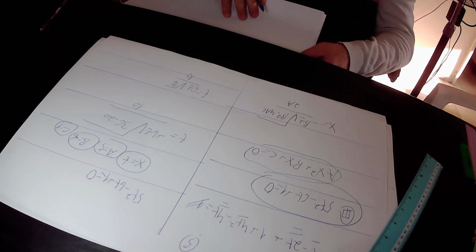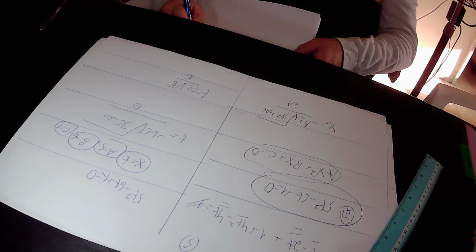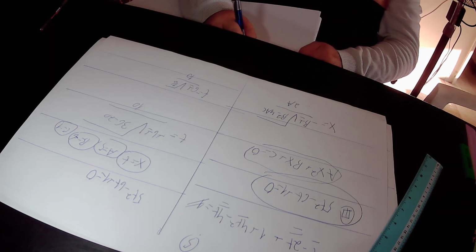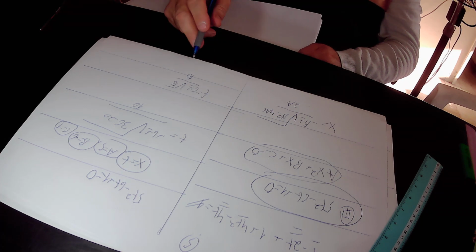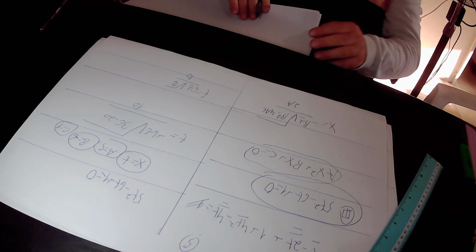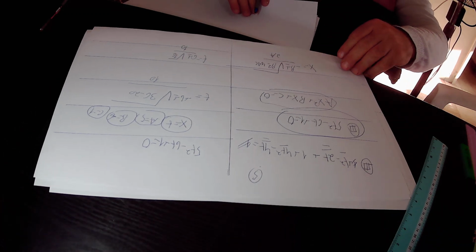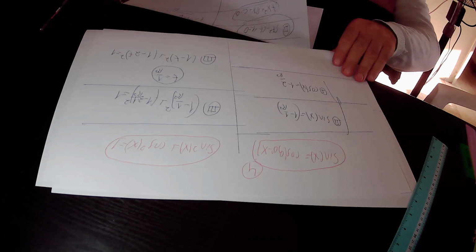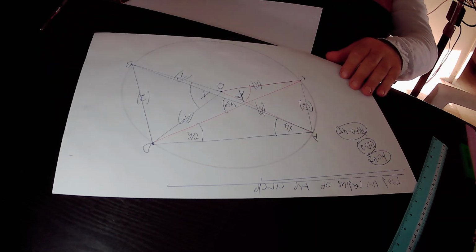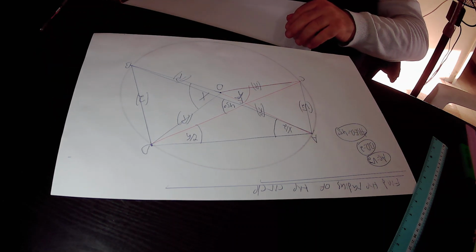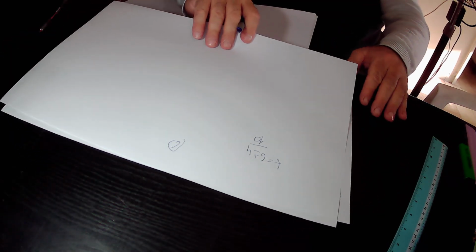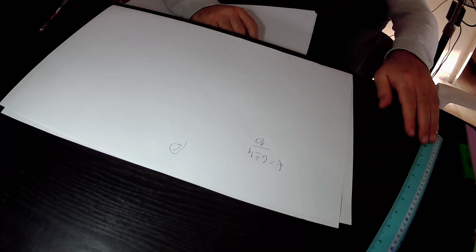The square root of 16 is 4, divided by 10. So here we have two possible solutions for t.